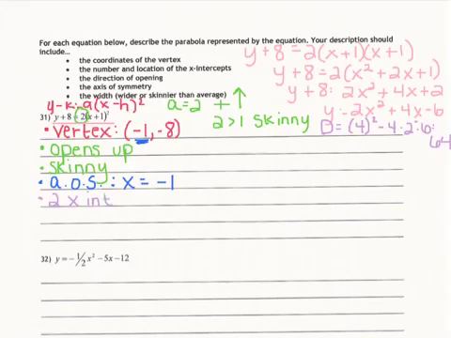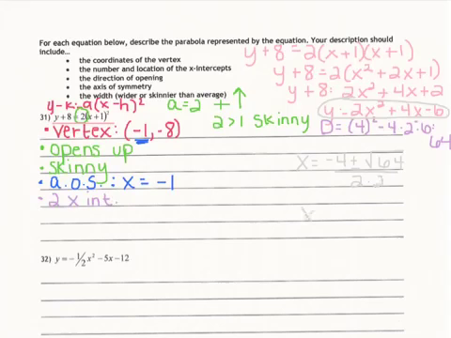And now to figure out where they actually are, I'm going to have to go back to my regular quadratic formula. Gosh, I'm running out of colors here. So quadratic formula, x equals -b, so -4 plus or minus the square root of 64 all over 2 times a, which is 2.